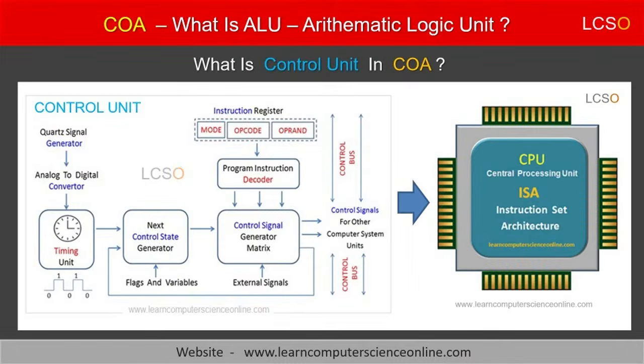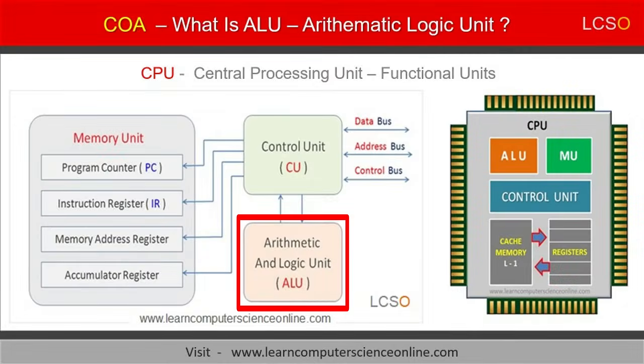The control unit plays an important role in the execution of the instruction cycle. The control unit handles the decode operation, whereas the ALU handles the execution part of the instruction cycle. Let us now discuss in detail what is an arithmetic and logic unit.